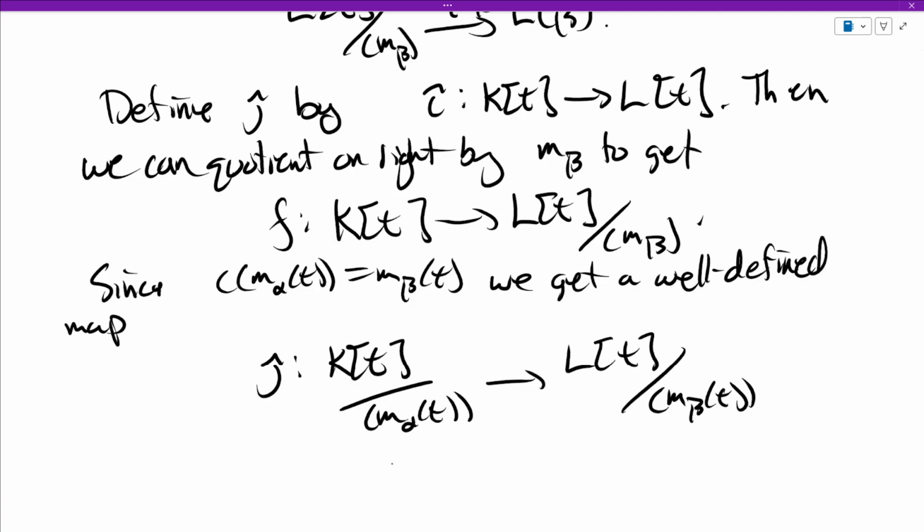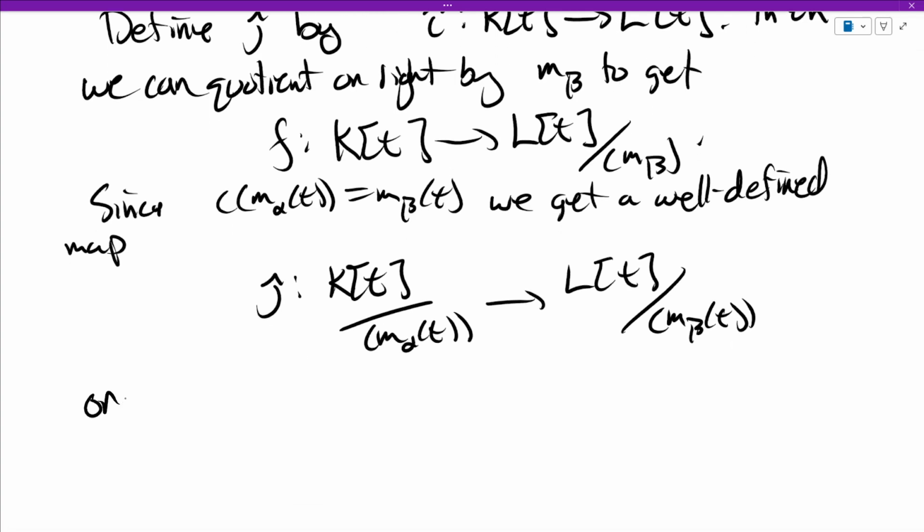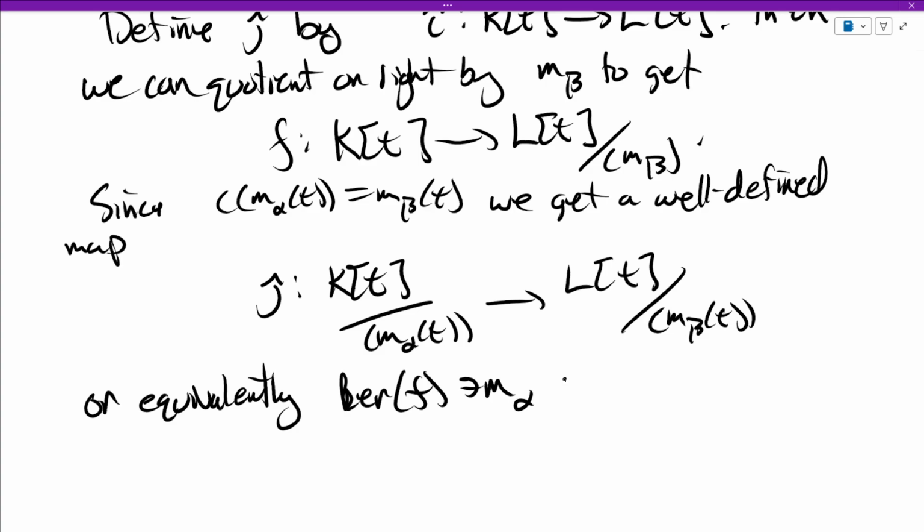Said differently, really we would want to look at the kernel of f, and the kernel of f happens to be the same as M alpha, or equivalently, the kernel of f contains M alpha.